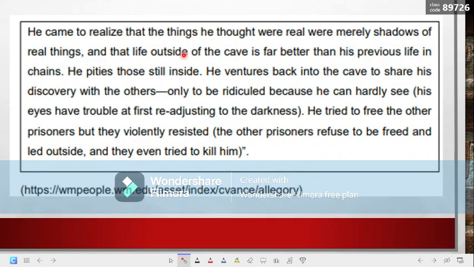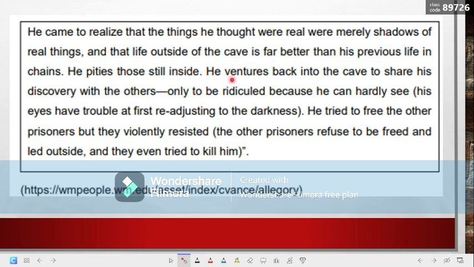And even the sun, he came to realize that the things he thought were real were merely like shadows of the real things. And the life outside of the cave is far better than his previous life in chains. He pities those still inside.